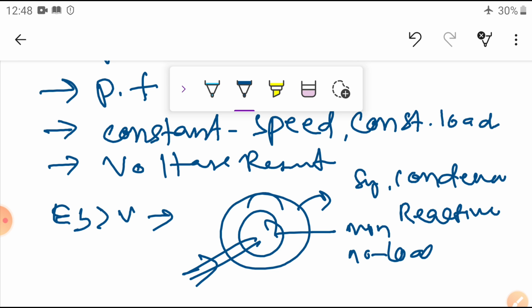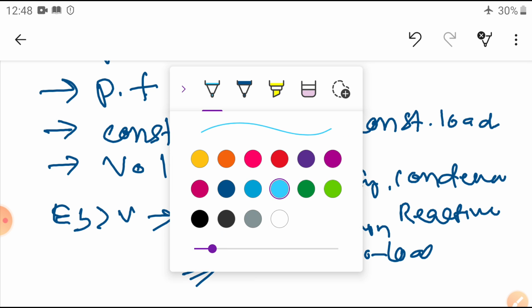Okay, now where we require constant speed applications, we can use it because of higher efficiency and higher speed. So here synchronous motors having a speed more than 600 rpm are well suited for loads where constant speed is required.